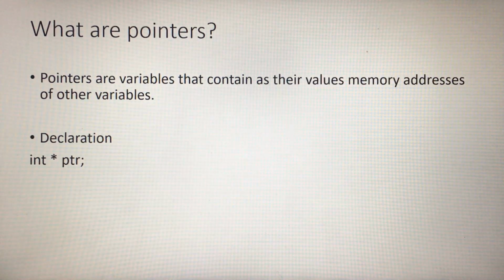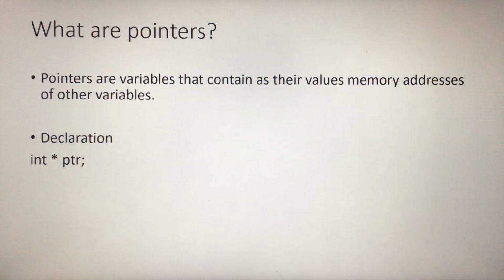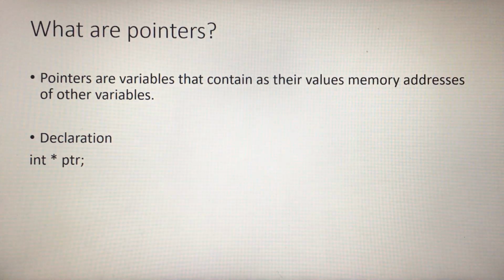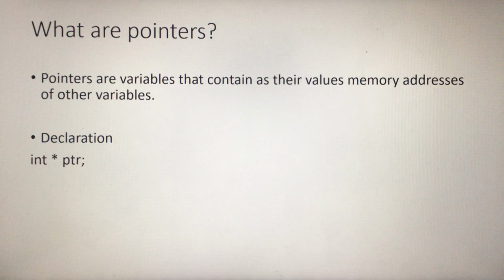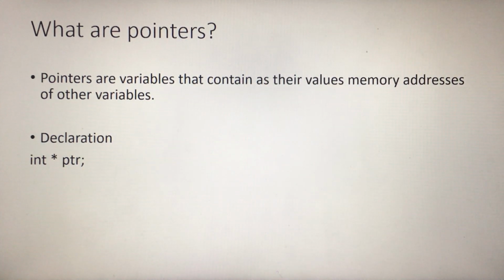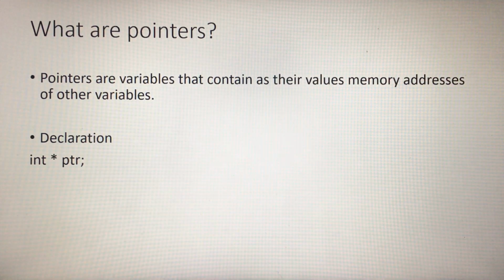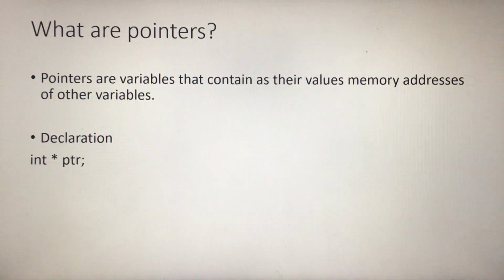In the declaration, you put int, the star, which is the multiply symbol, and ptr. So that is how you declare. The star in the middle indicates that the variable is a pointer. So that is how you declare it.